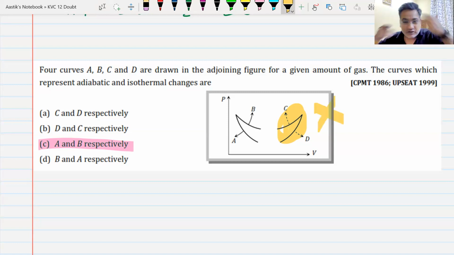So C and D are out of the question. Only B and A are left. Out of B and A, which one has more slope? A has more slope. So A should represent the adiabatic process and B should represent the isothermal process. Do we understand this?